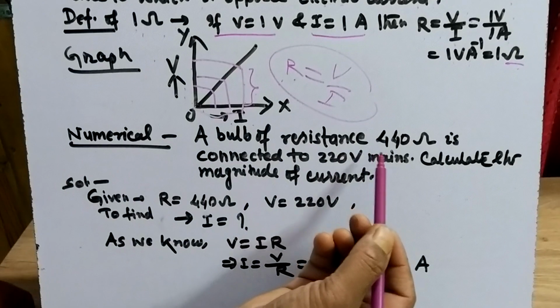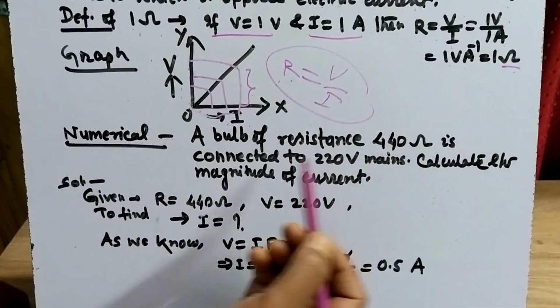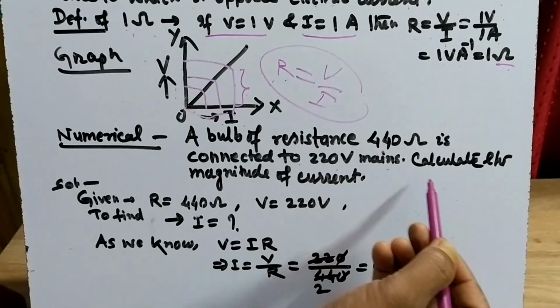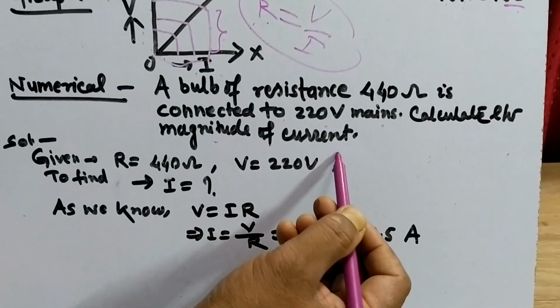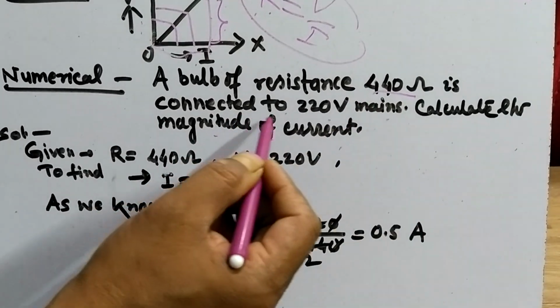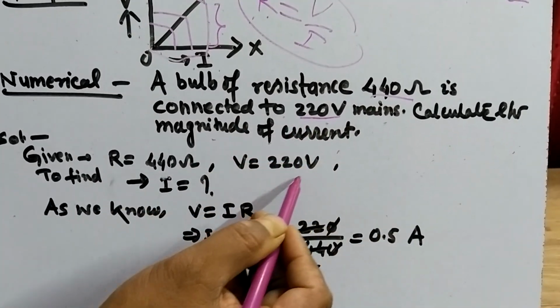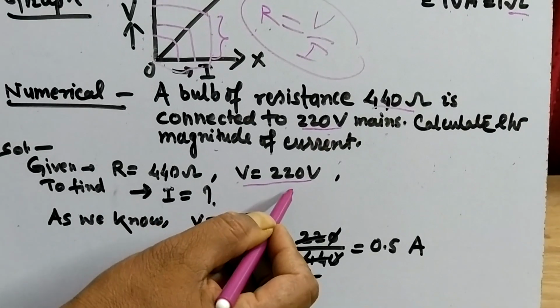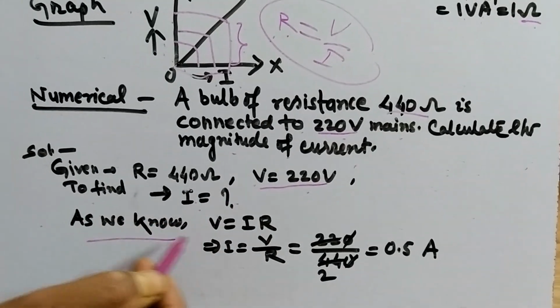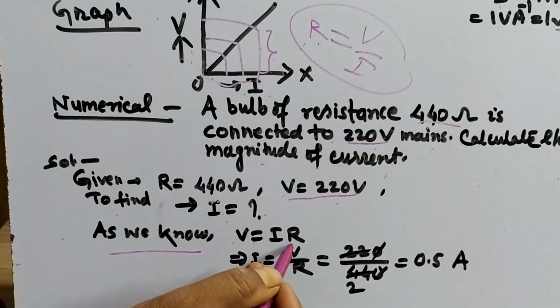A bulb of resistance 440 ohm is connected to a 220 volt mains supply. Calculate the magnitude of current. That is, we are given R, that is 440 ohm, and 220 volt is the potential difference, so V is given. We have to find I. As we know by Ohm's law, V equals IR.